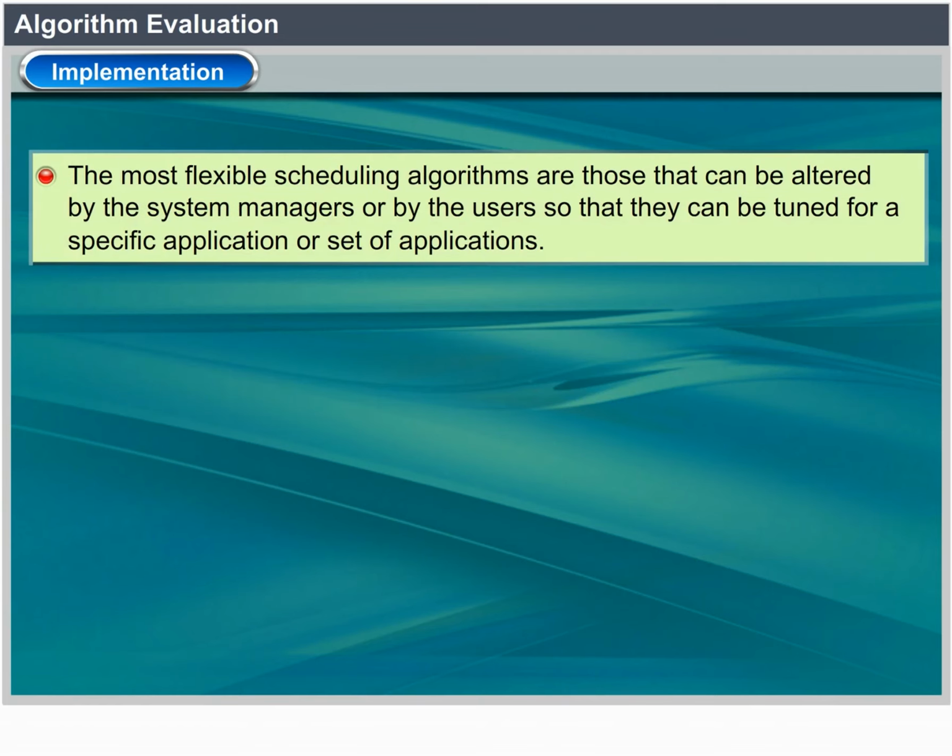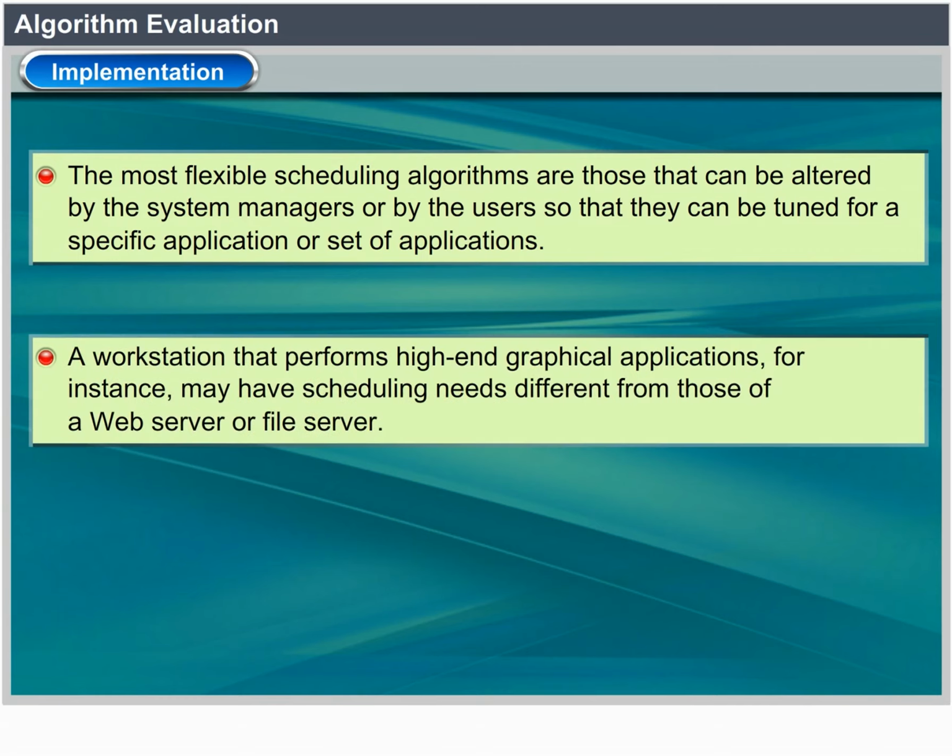The most flexible scheduling algorithms are those that can be altered by the system managers or by the users so that they can be tuned for a specific application or set of applications. A workstation that performs high-end graphical applications, for instance, may have scheduling needs different from those of a web server or file server.